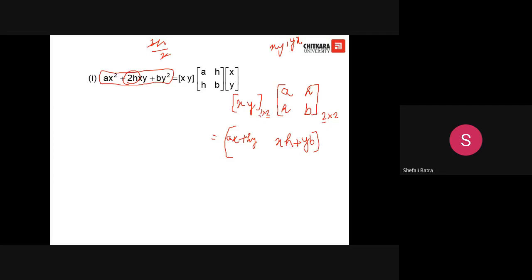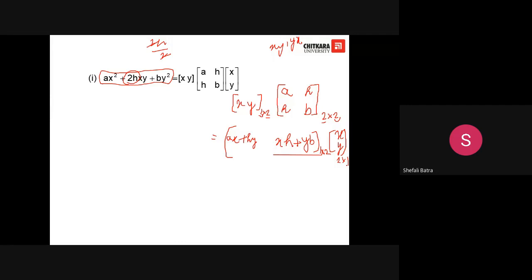So the output must be 1 into 2, that is 1 row and 2 columns. So you are getting 1 row, 2 columns, and then you'll be multiplying this again with x, y, which is 2 rows into 1 column.